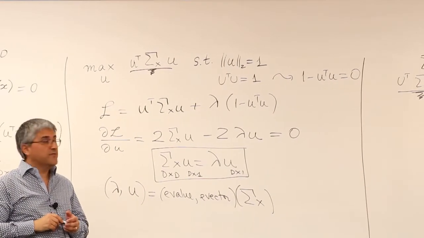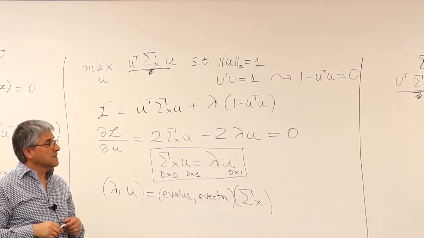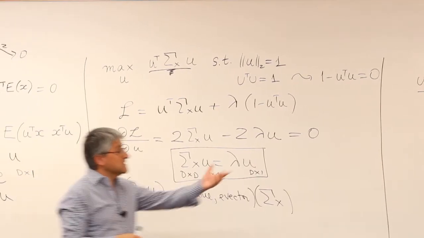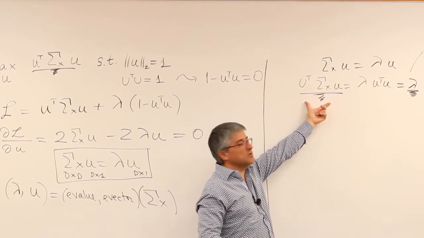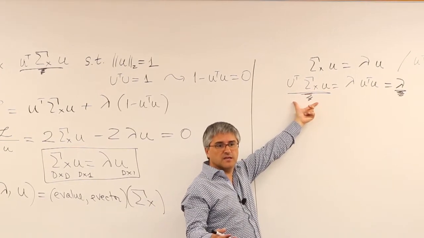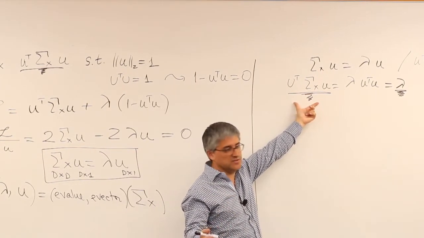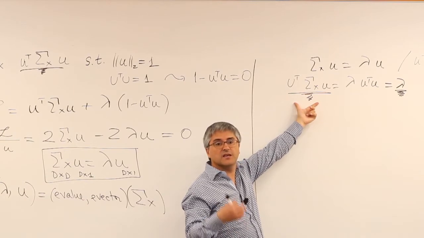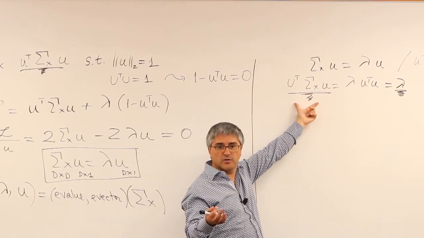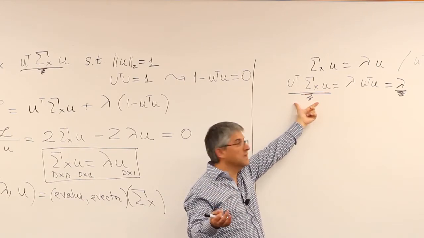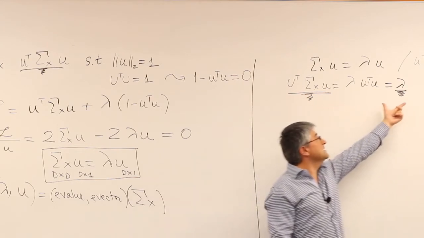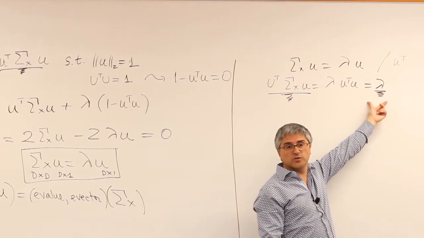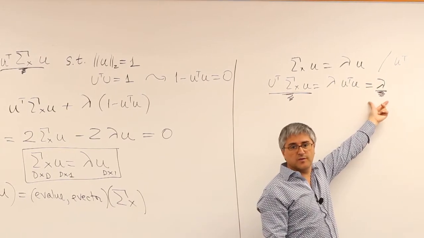So what I've proven then is that I'm trying to maximize this. That's what I want to maximize. So if I've got many eigenvalues, let's say it was a 3 by 3 matrix for the sake of simplicity, I've got 3 eigenvalues potentially. And I'm trying to maximize this quantity, and this quantity is equal to the lambda that I'm looking for. So which one of the eigenvalues should I pick?